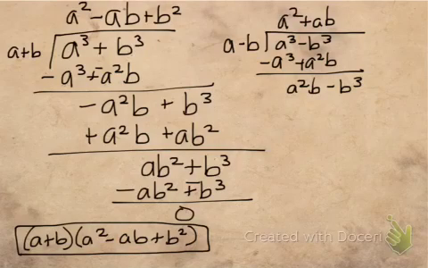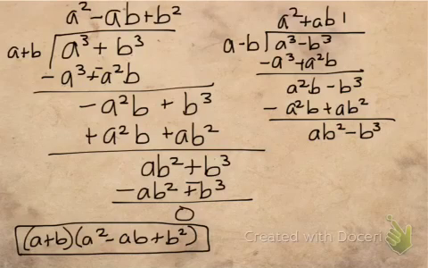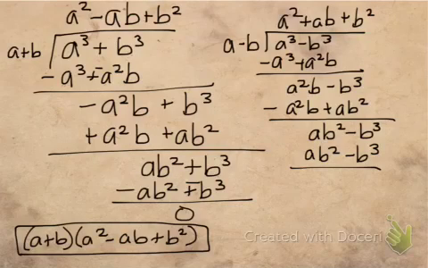We multiply by ab, so we get a squared b minus ab squared. Subtract and change the signs. ab squared minus b cubed. We multiply by b squared. So a times b squared is ab squared, minus b times b squared is minus b cubed. We subtract and change the signs, so we get 0.